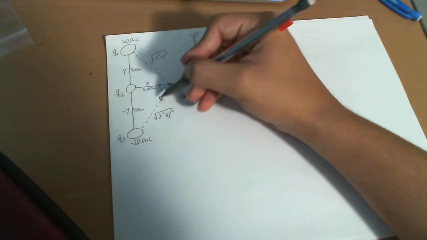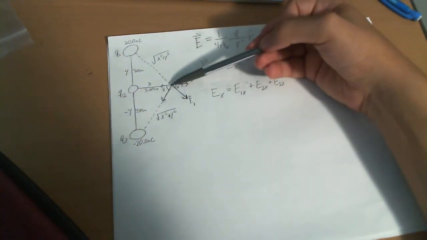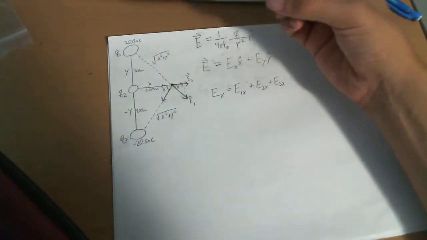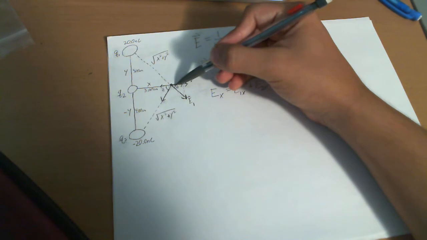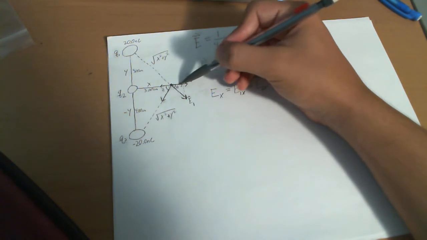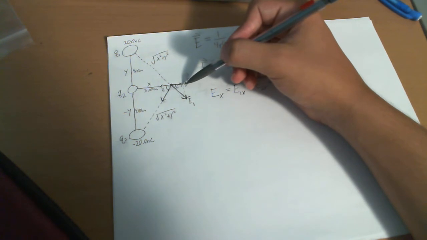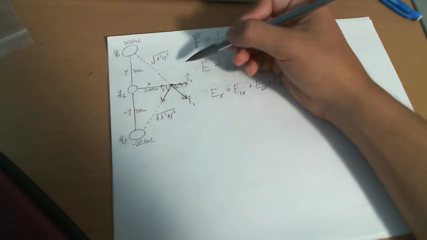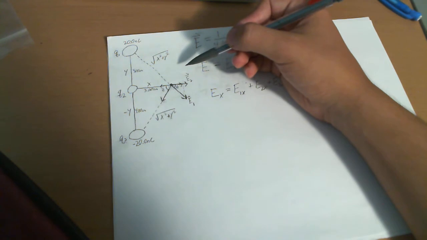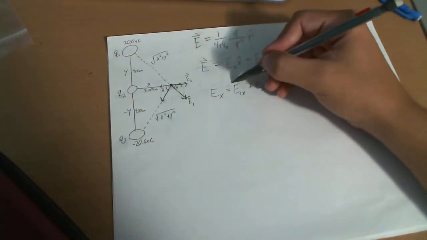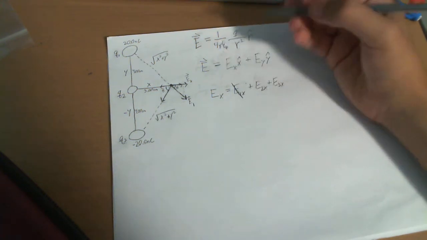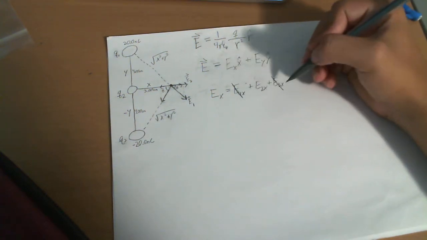This one, because of the negative charge, has its x component directed along the negative x direction, and the electric field from charge Q1 is directed in the positive x direction. And so they're going to be the same, but in opposite directions, and so essentially they're going to cancel. I'm just going to show that by crossing them out here.